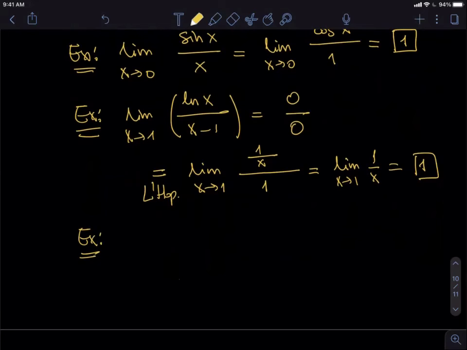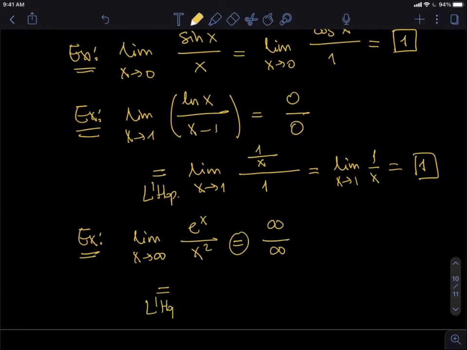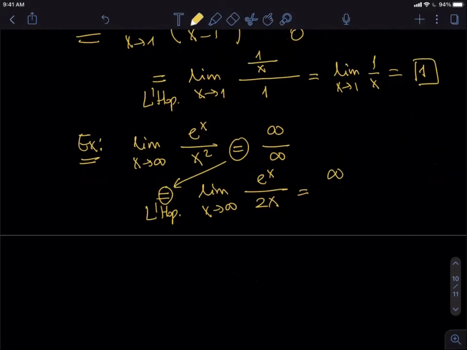More examples. Limit as x tends to infinity of the exponential of x divided by x squared. Here we have also an indetermination of the ones that we can solve using L'Hopital. Okay, so we have the limit as x tends to infinity of the exponential of x divided by 2x. And now we have here that this is infinity divided by infinity.